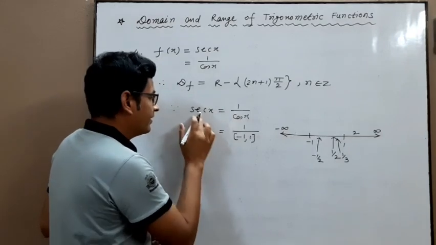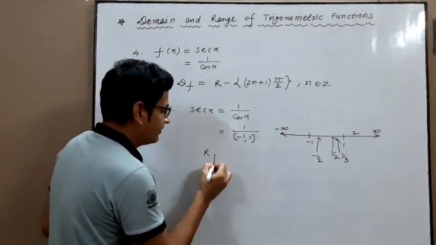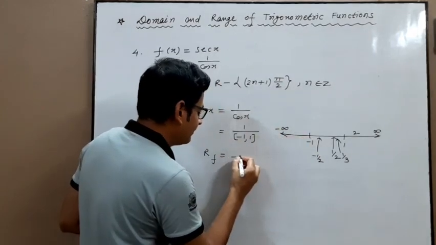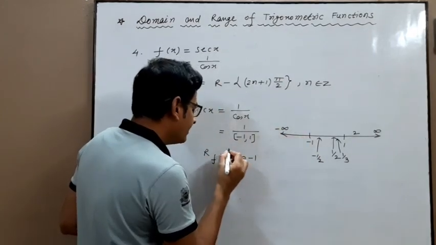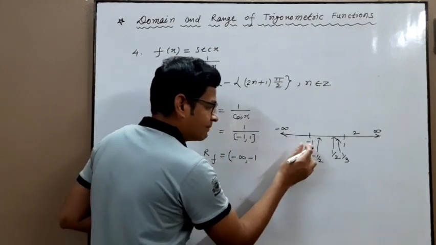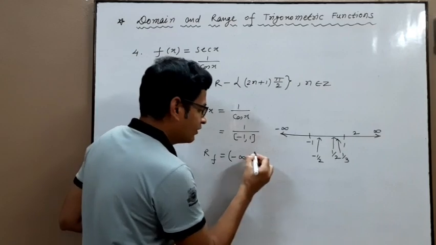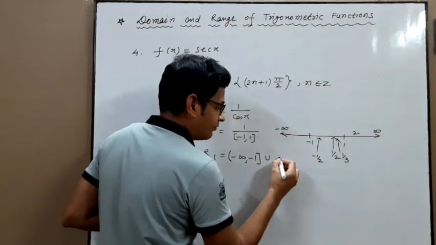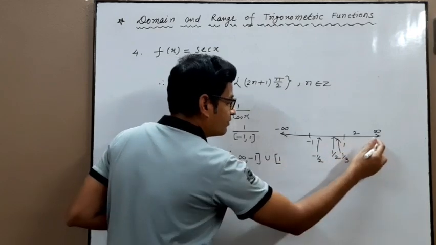It means the range of the sec function lies between minus infinity to minus 1, with infinity we always write a small bracket, and with minus 1, the reciprocal of minus 1 is minus 1, so include minus 1. Union, the reciprocal of 1 is 1, so include 1 also, 1 to infinity.